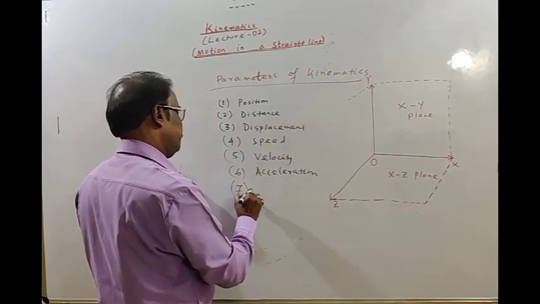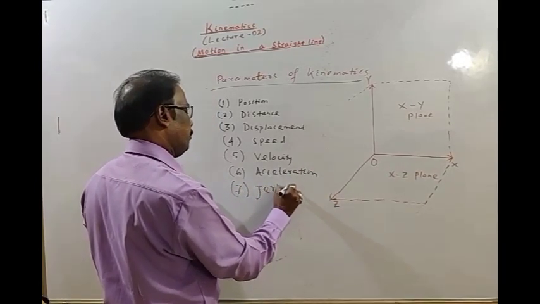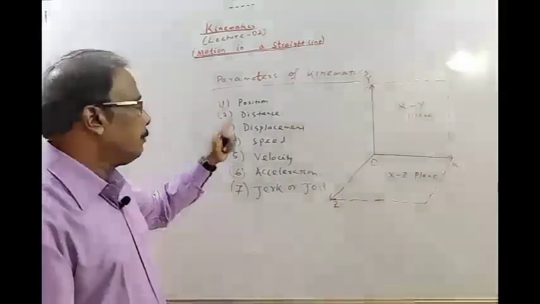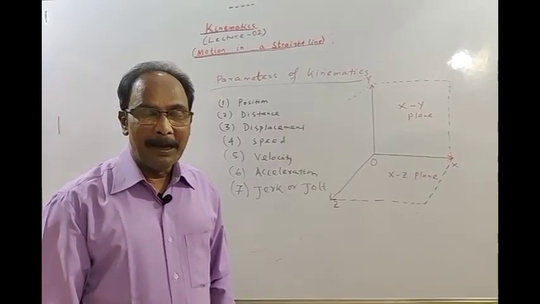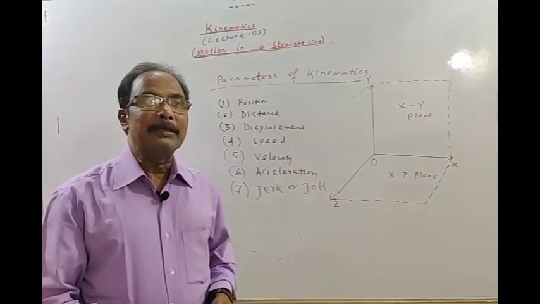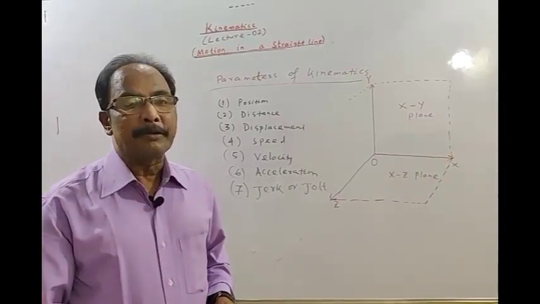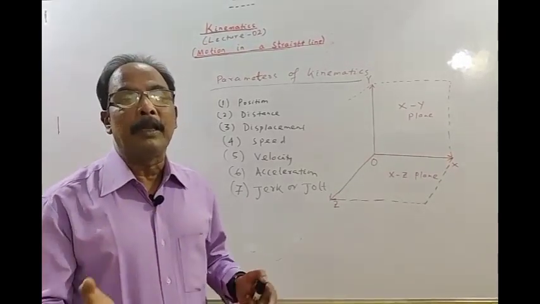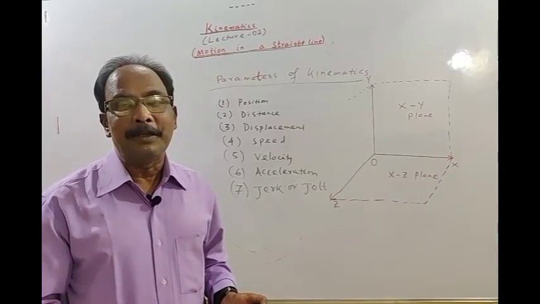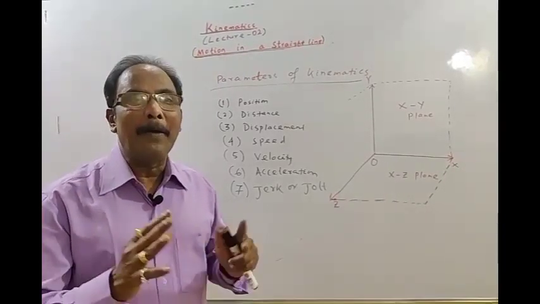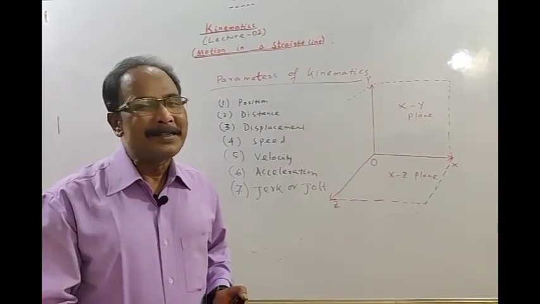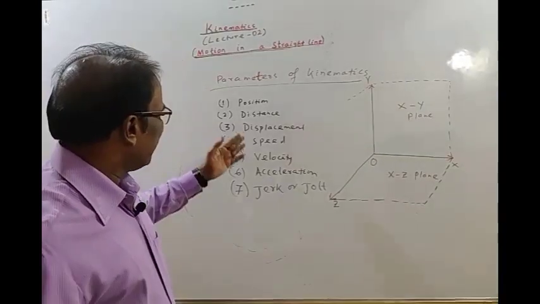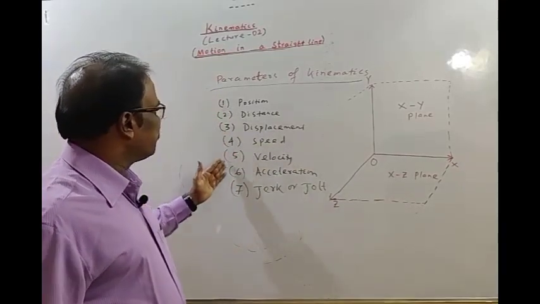Number 7, jerk or jolt. We will discuss all these parameters in detail, so that we can understand the explanation of kinematics well, and approach all the theories related to motion very easily. Then we will apply all our understanding to solving problems. This is our motto. Let's start the discussion on these parameters.